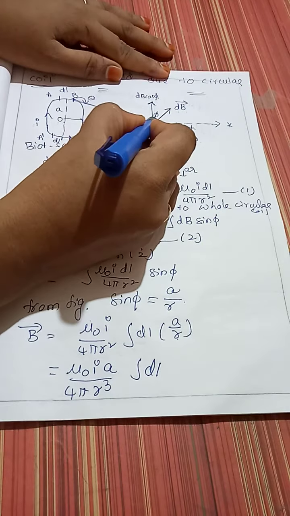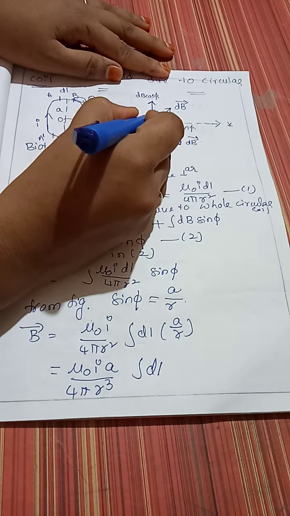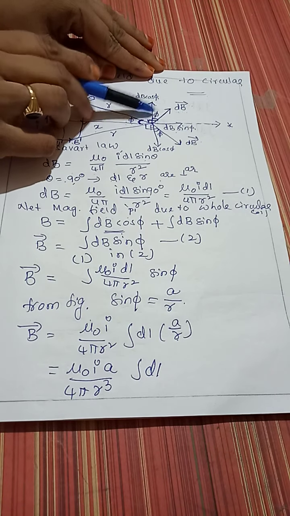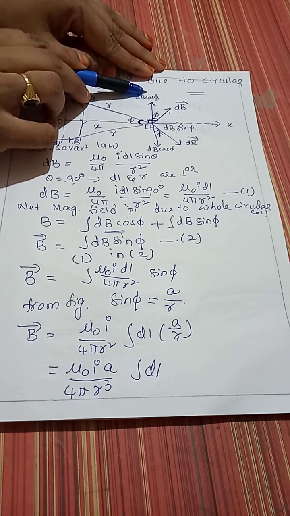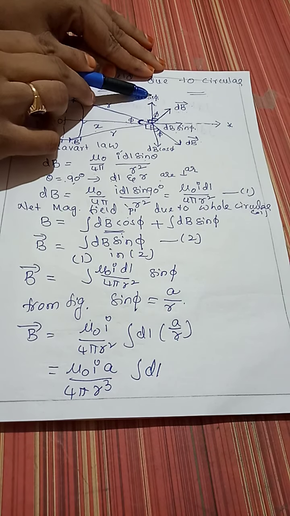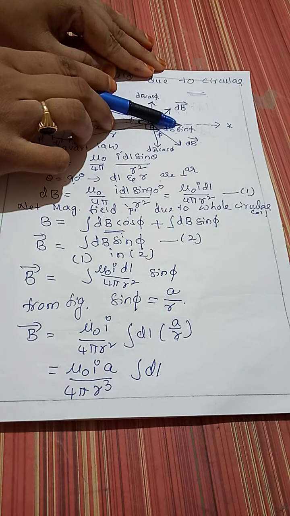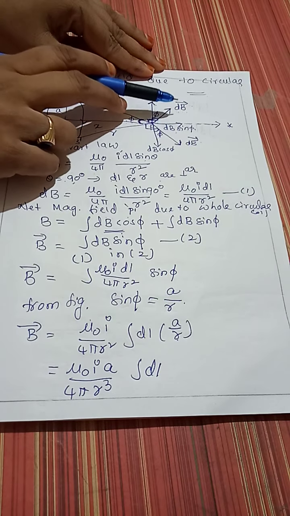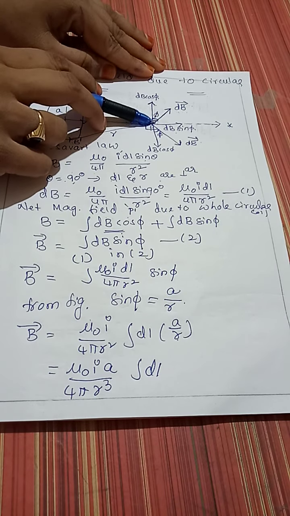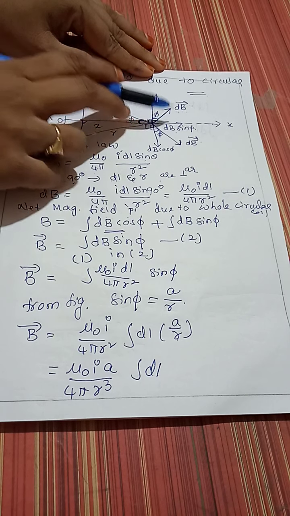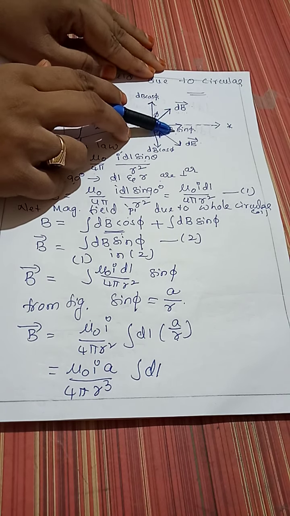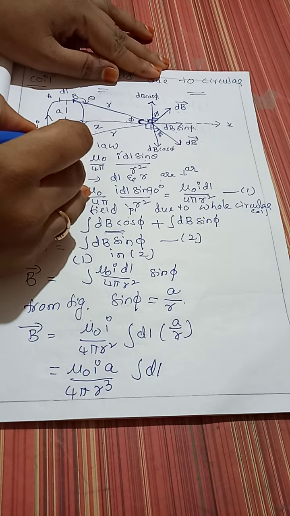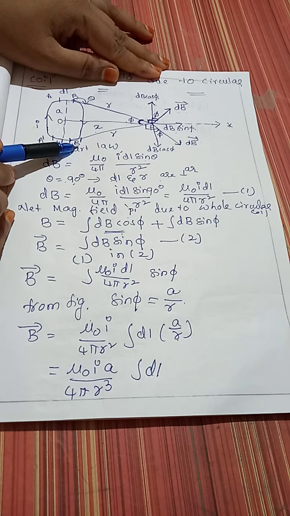When this angle is 90 minus phi, this one becomes phi. So the component at right angles to the axis is dB cos phi, and along the axis is dB sin phi. Similarly, we take another element opposite to AB, that is A dash B dash.